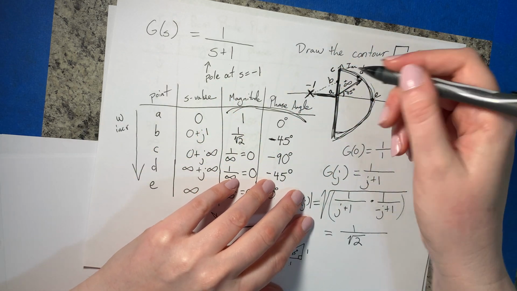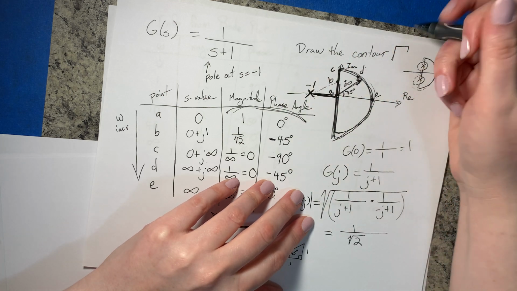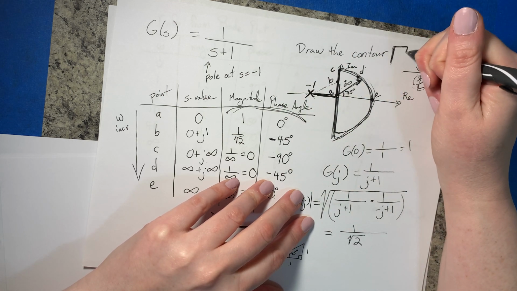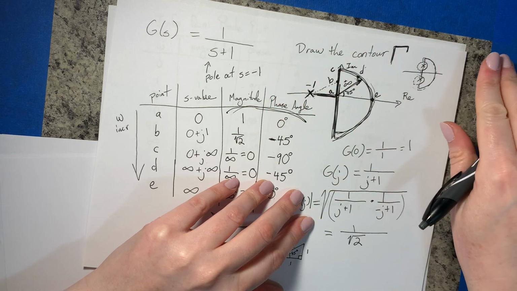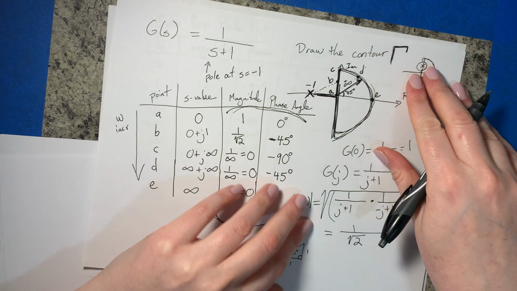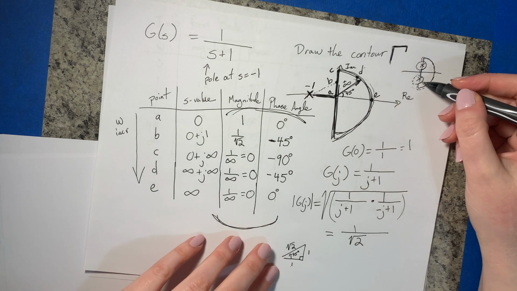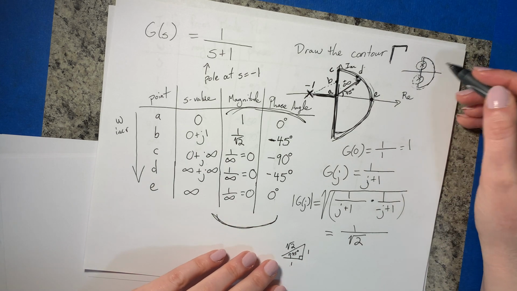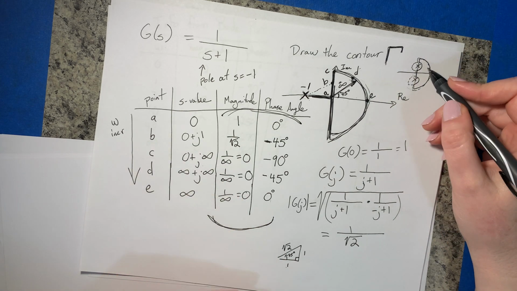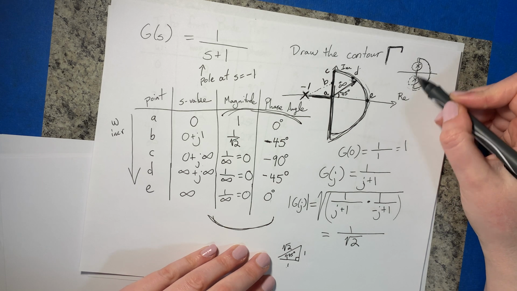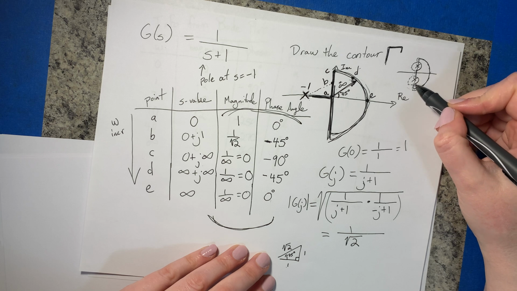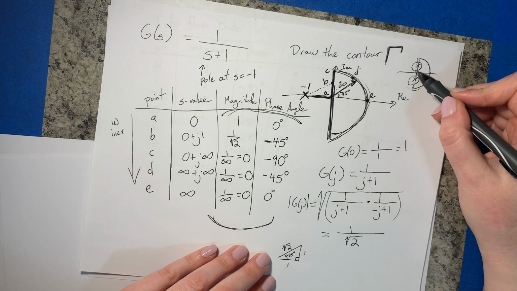So the first thing I would want to do is draw my contour. The idea behind drawing the contour, which is denoted with a capital gamma, is to include as much of the right-hand plane as you possibly can. Now, if you have roots of some kind, poles or zeros, that are actually on the imaginary axis, you can decide if you want to include them or exclude them.